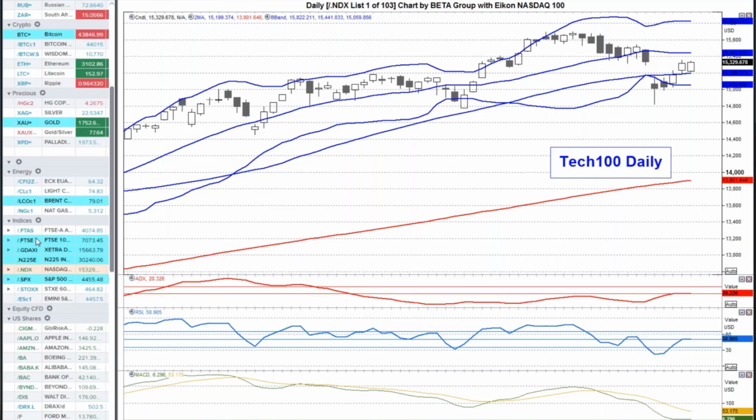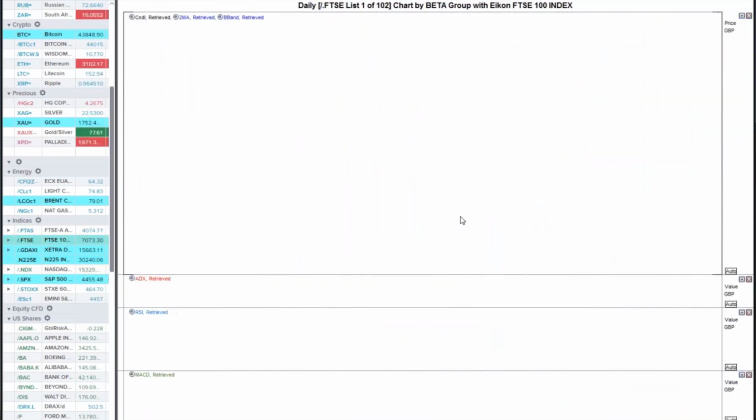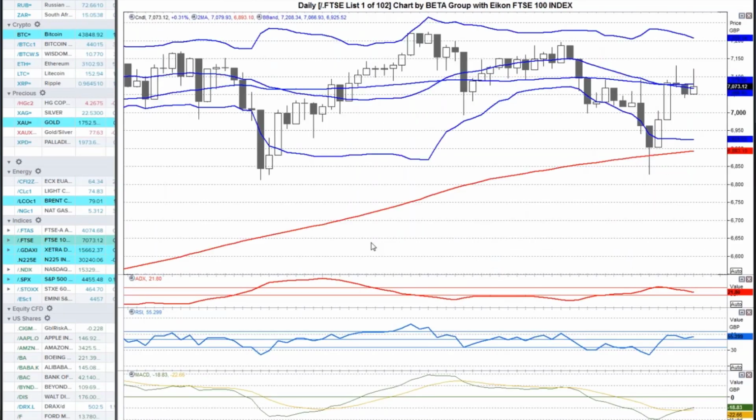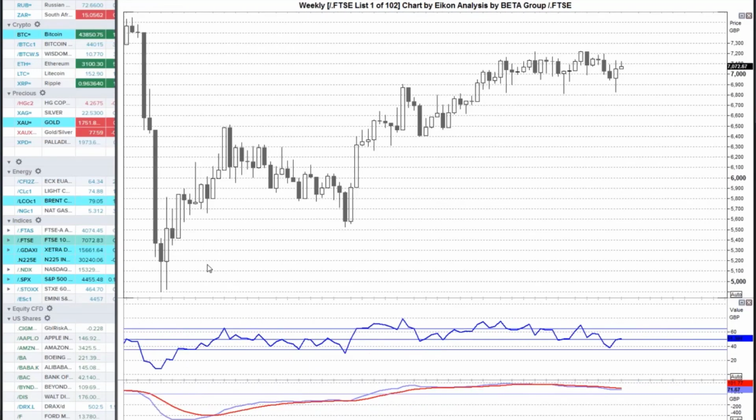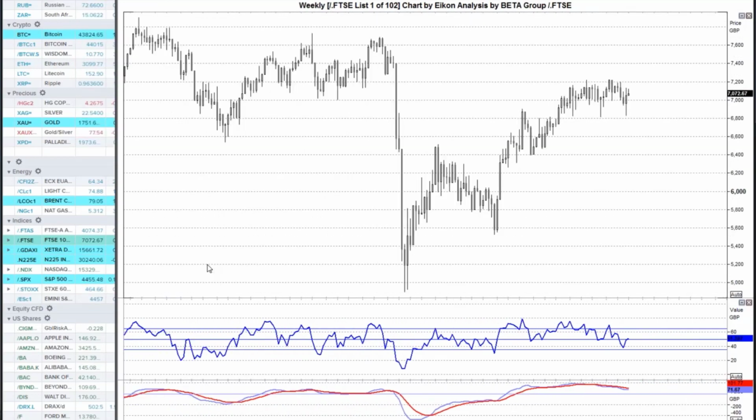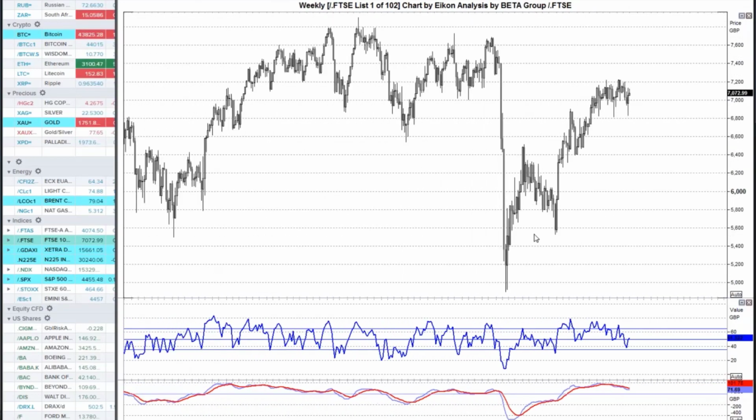Moving to the UK 100, this is the one that I've disliked the most for all the time that I've been talking to you guys, and let me just show you here on the weekly chart why that is. It's because of this over on the left-hand side, which is so massive. Look at this.